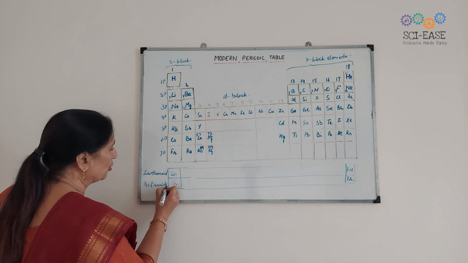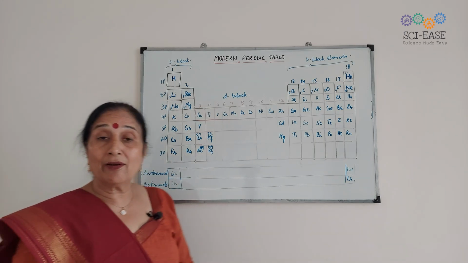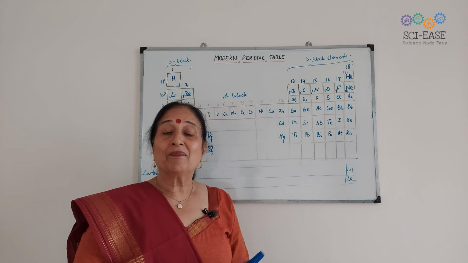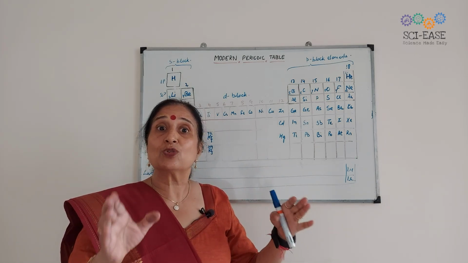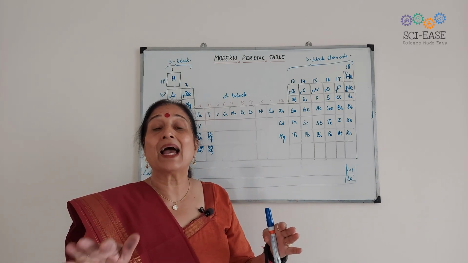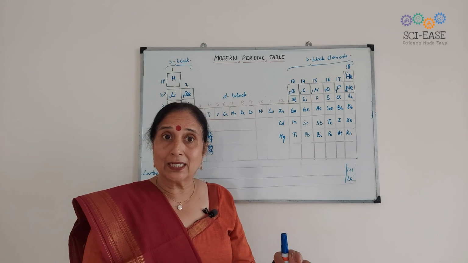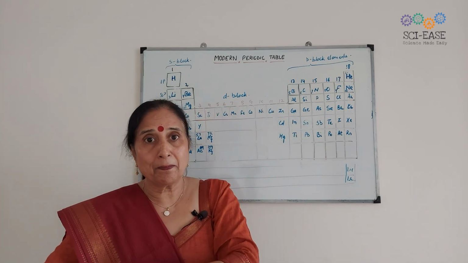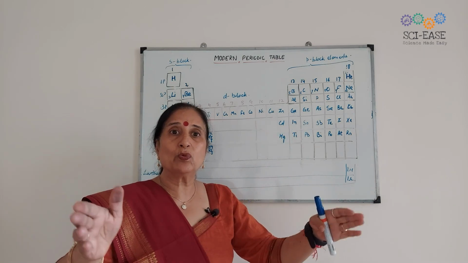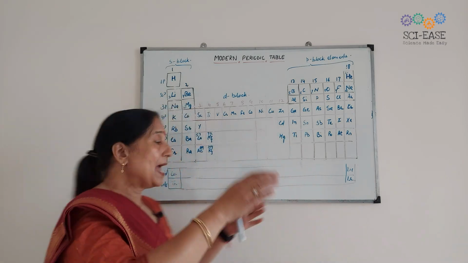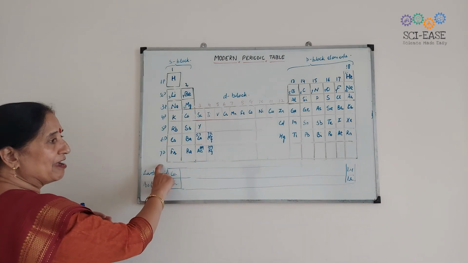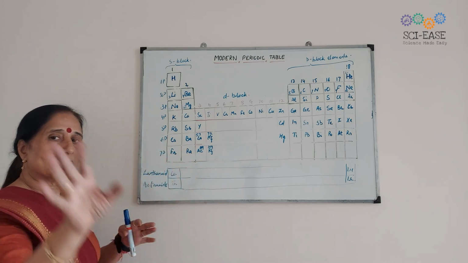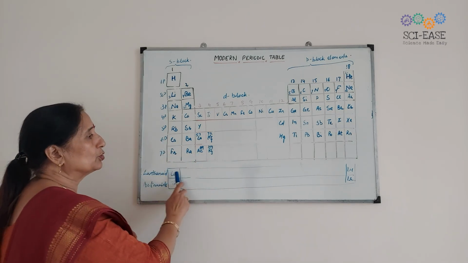Actinoids or actinoid series. So, I want to tell you how these elements are mostly arranged in the periodic table. Some are S block elements, some are P block elements, and in between D block elements, and these are the F block elements. This you will study in higher classes, and there are two series.